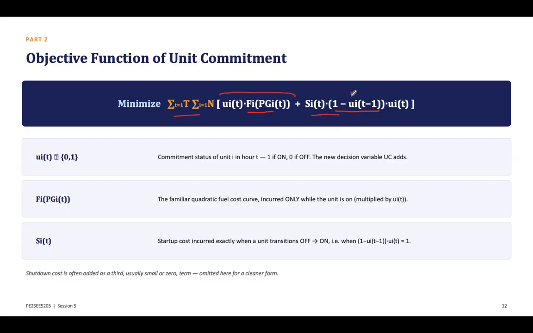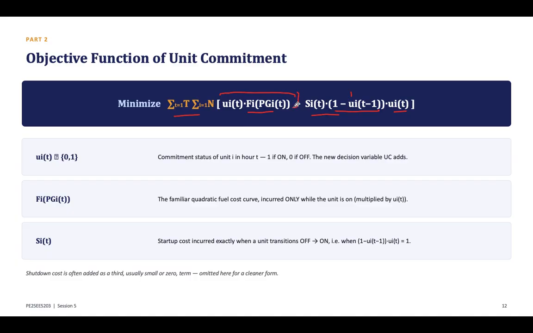If the unit is on in the current hour, multiplication by this u_i,t keeps the term active. So the product is 1 only for an off to on transition. In all other transitions, this becomes 0, so you will be left with only this parameter.